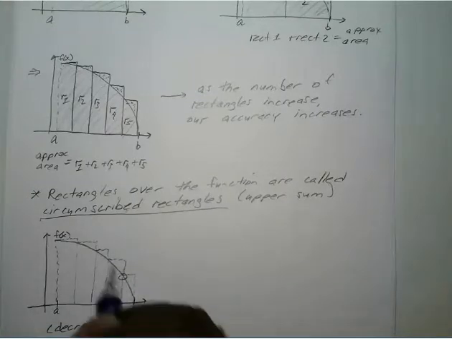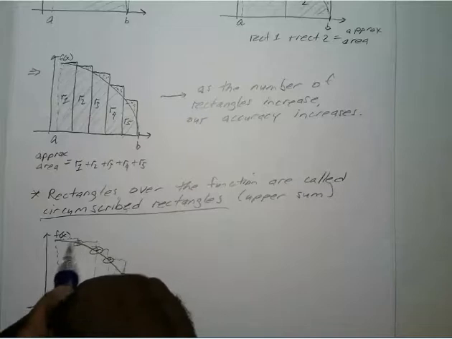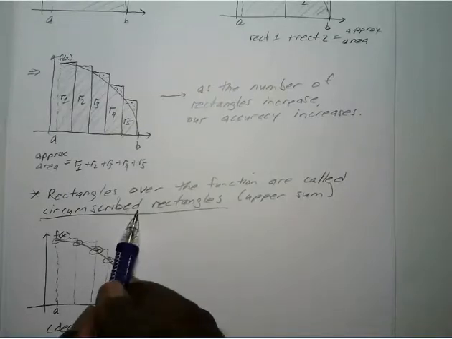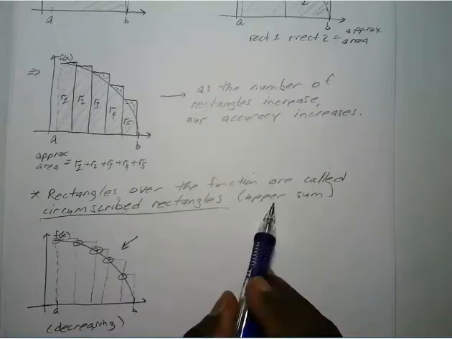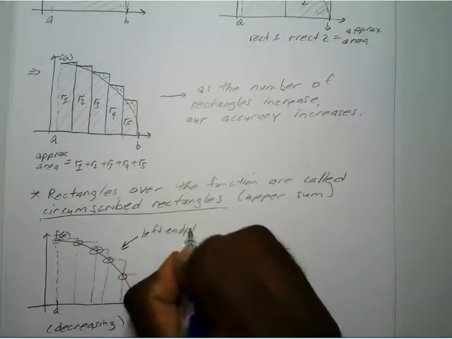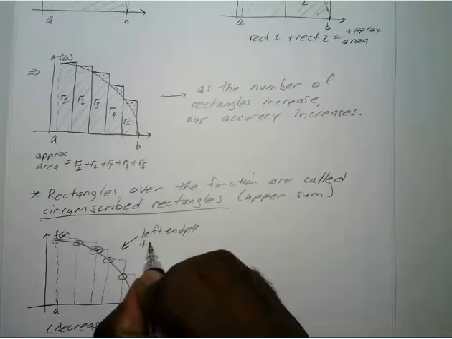Our left endpoints are touching the graph. So for a decreasing function, and using circumscribed rectangles or upper sum, the left endpoints touch the function.